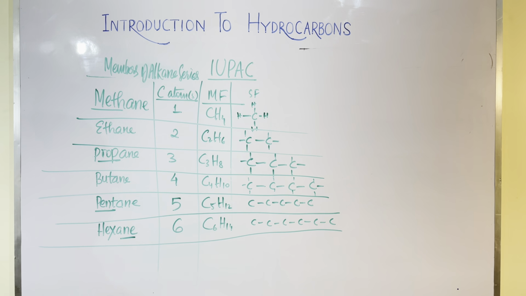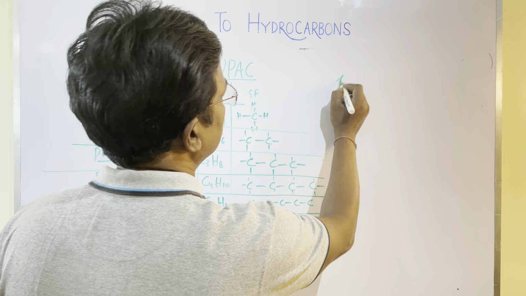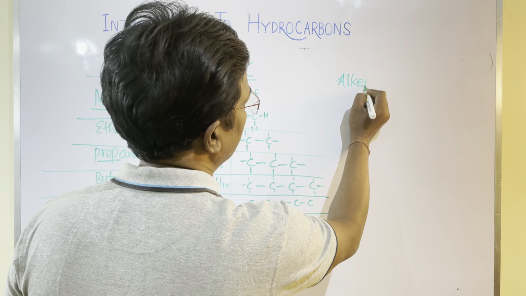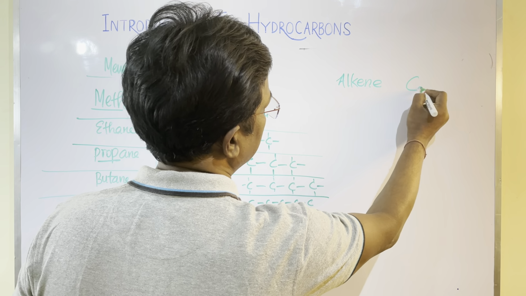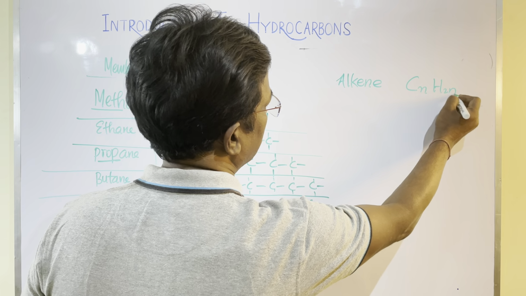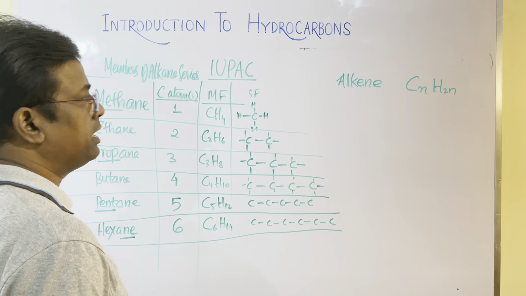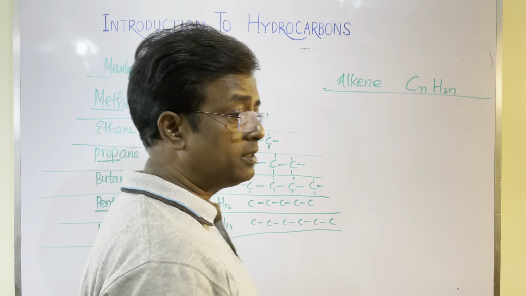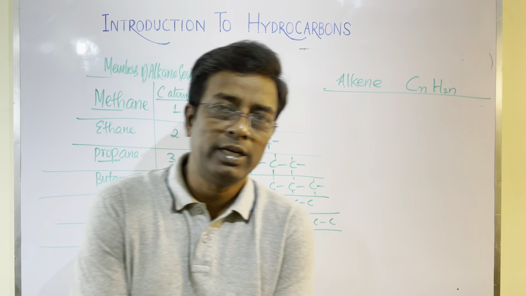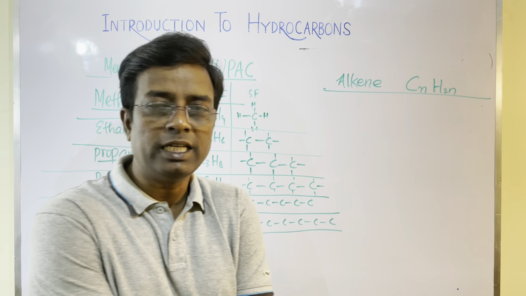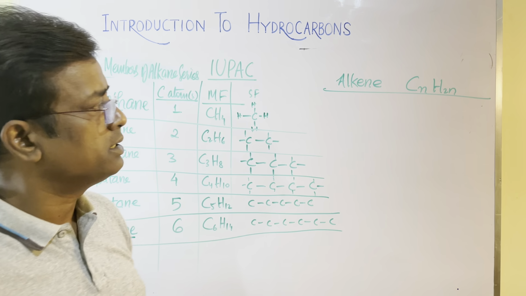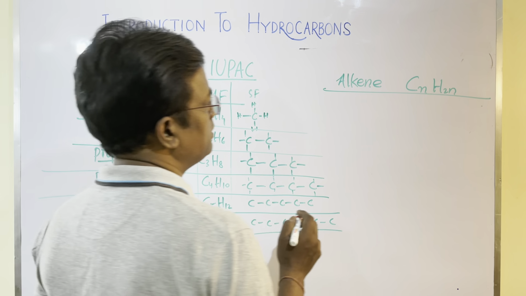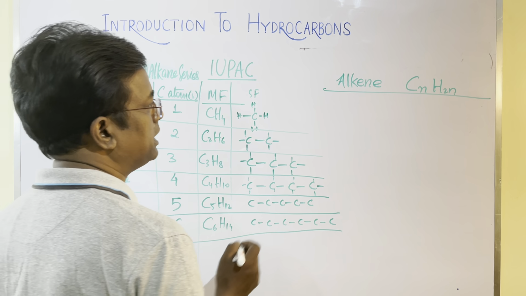Let's also introduce alkene. Very easy. The general formula of alkene is CnH2n. Alkene falls into the category of unsaturated hydrocarbon. The compounds containing double bond and triple bond are called unsaturated hydrocarbons. So alkene contains a double bond and is an unsaturated hydrocarbon.